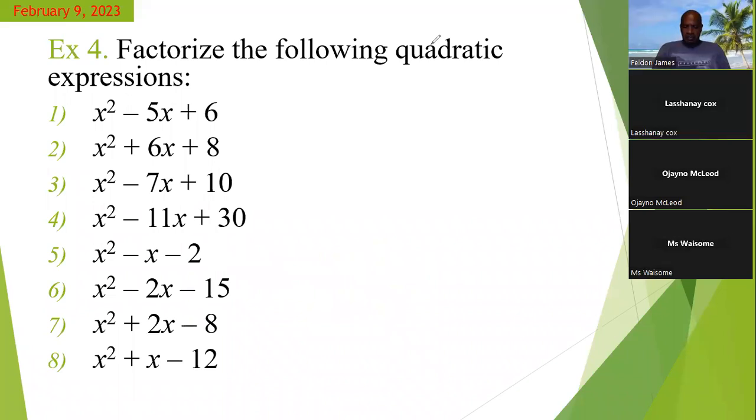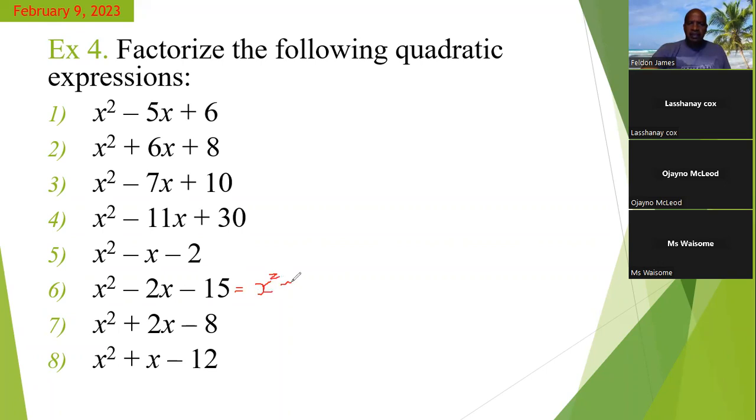Question 6. What would be the factors now for negative 15 that, when you add them, you get negative 2? Negative 5 and positive 3, sir.